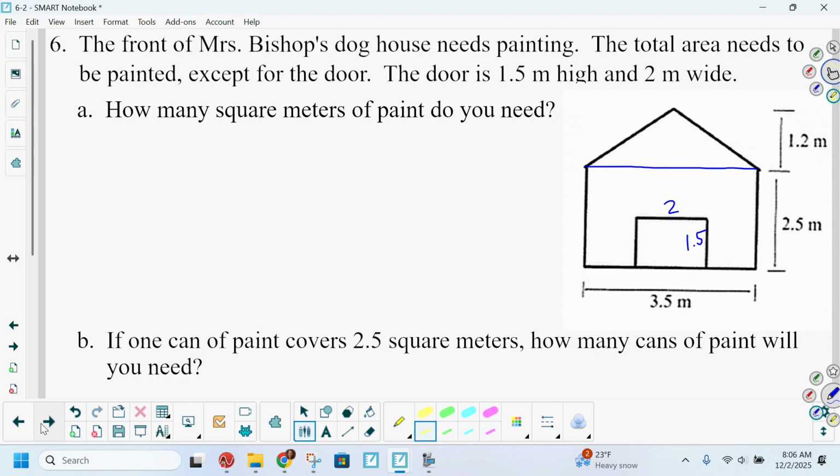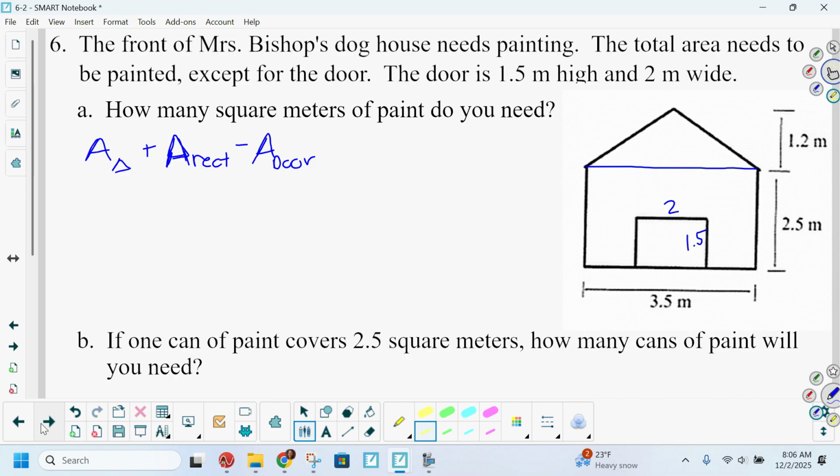So I'm going to figure out the area of the triangle plus the area of the rectangle, but I have to figure out the area of the door and take that away. That's supposed to be an A for area, not a triangle.